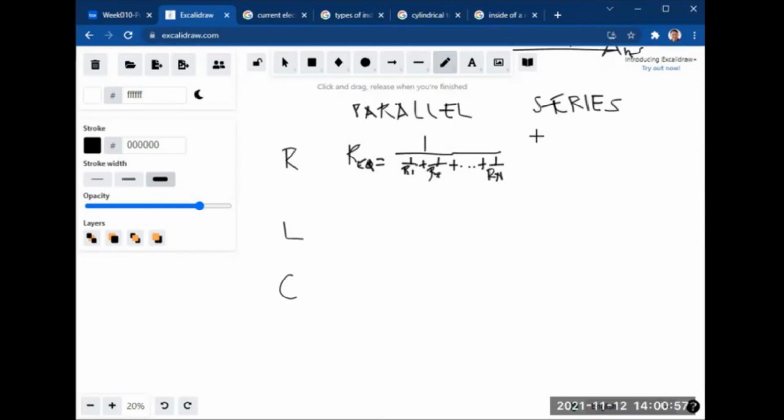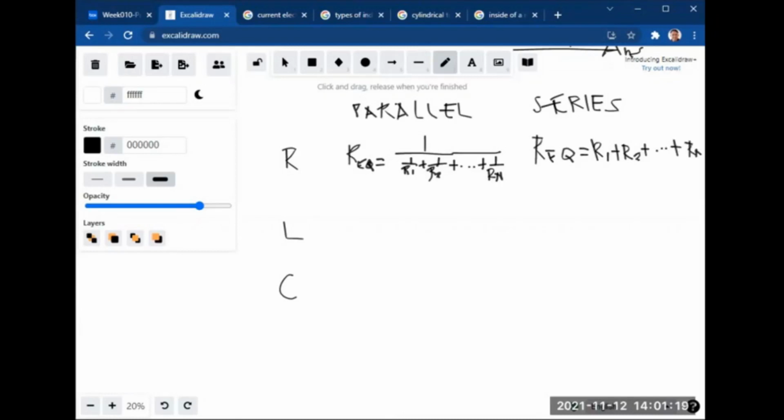Okay, for the series, that will be R1 plus R2 plus Rn.